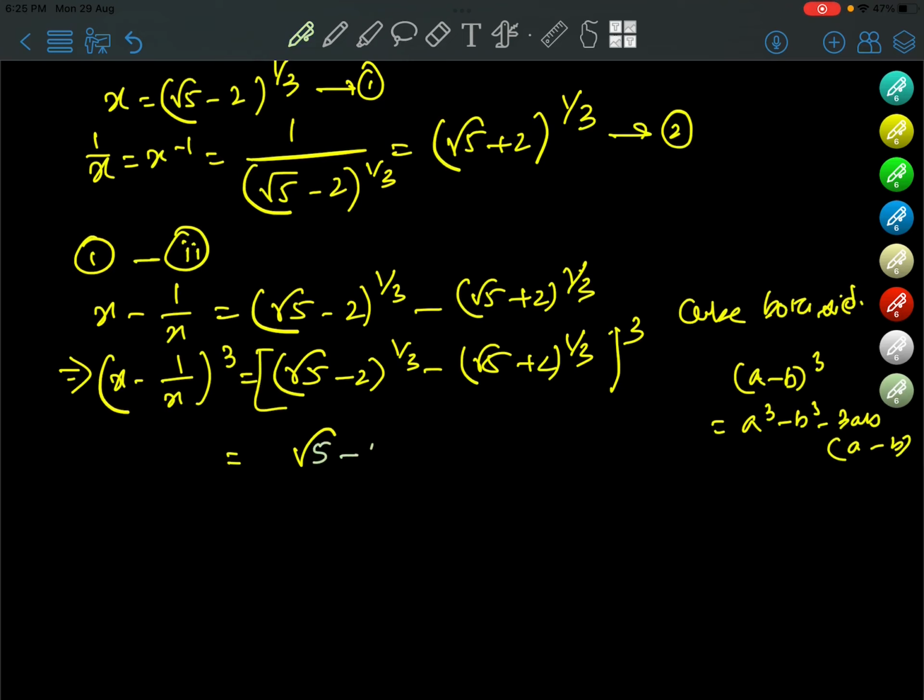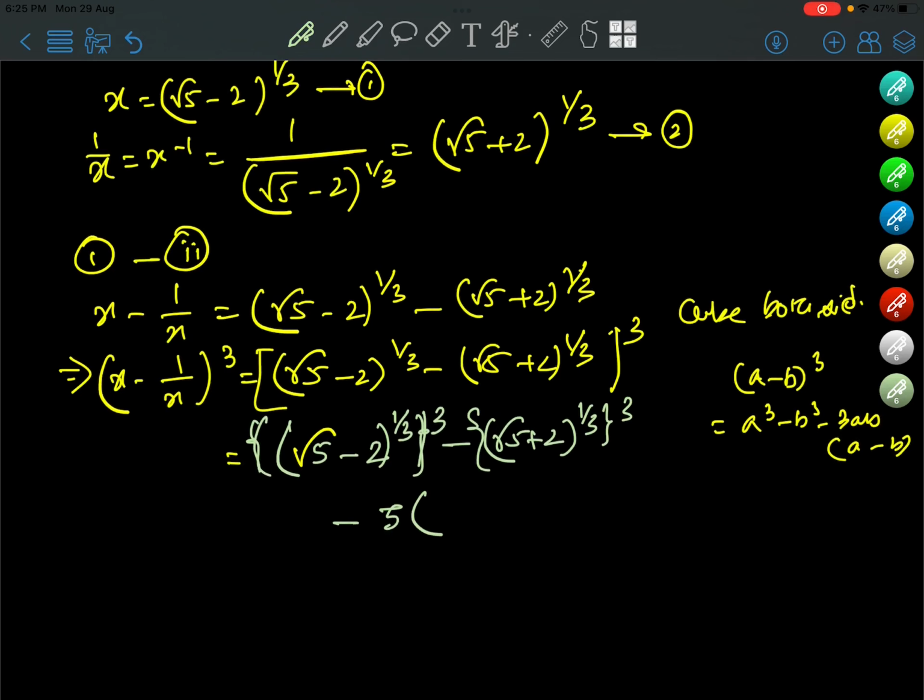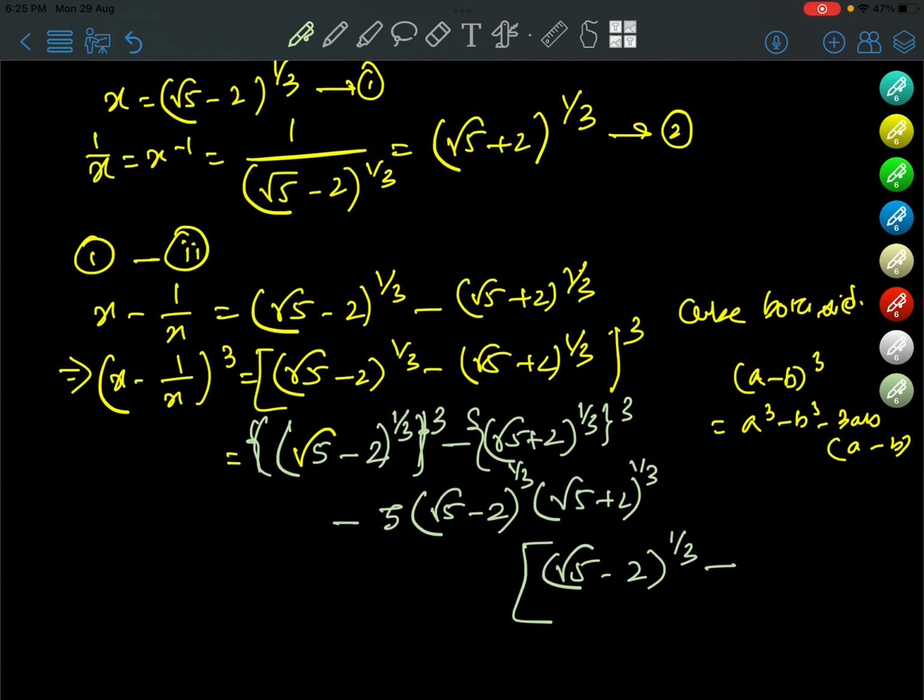Now ((root 5 minus 2) to the power 1/3) whole cube minus ((root 5 plus 2) to the power 1/3) whole cube minus 3 into (root 5 minus 2) into (root 5 plus 2) to the power 1/3, into ((root 5 minus 2) to the power 1/3 minus (root 5 plus 2) to the power 1/3).